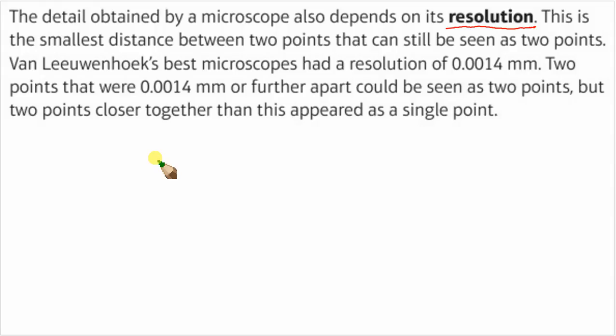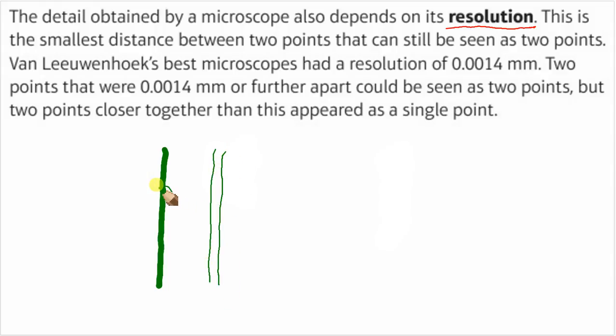So for example, here we can see one big thick line. This is what we might be able to see under a light microscope. If we then use an electron microscope, we'd actually be able to see two thinner lines.